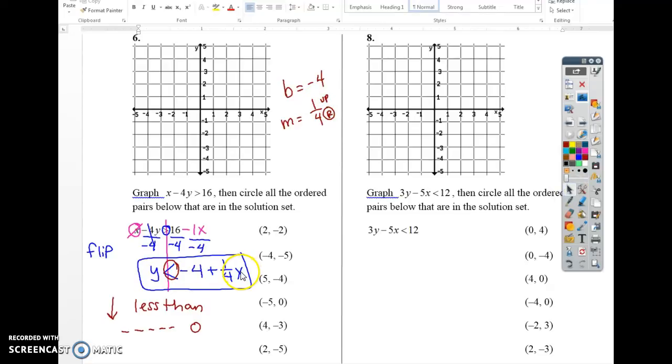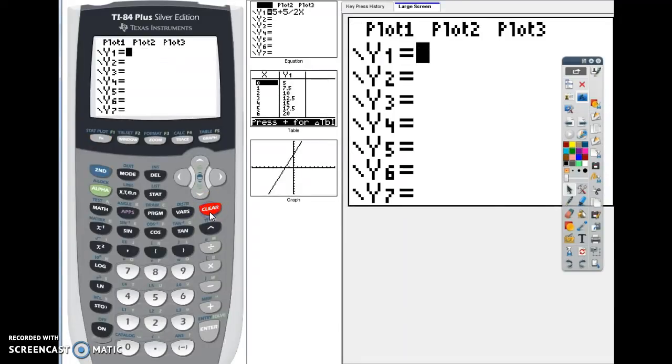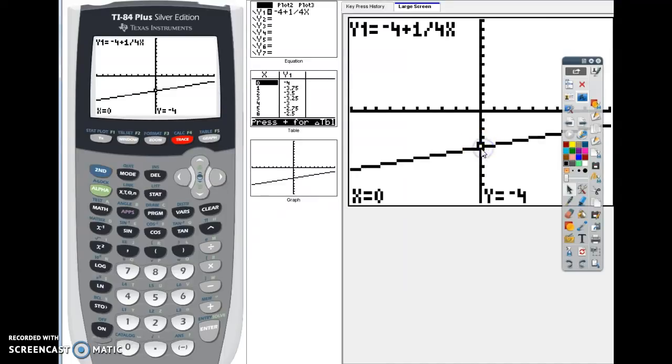Okay? The rest of us, let's put it in the calculator. Y equal trace. Negative 4 plus 1/4 x, trace. So again, we're starting right here at negative 4. So put your dot there. 0, negative 4.